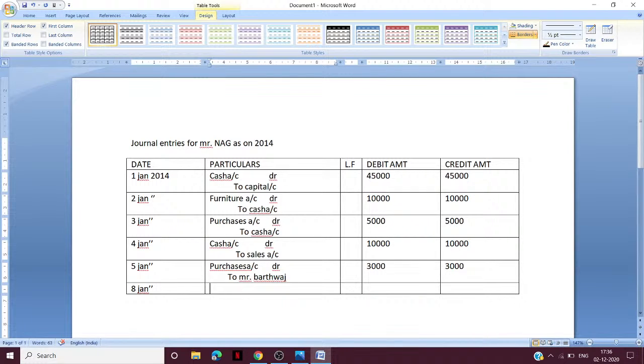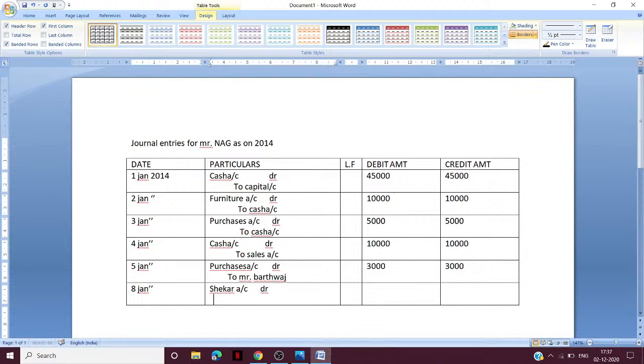So first, instead of cash we should write the name of the person. It is Shaker. Shaker account debit to, what is going out?